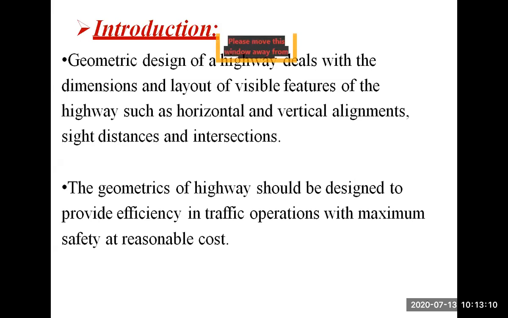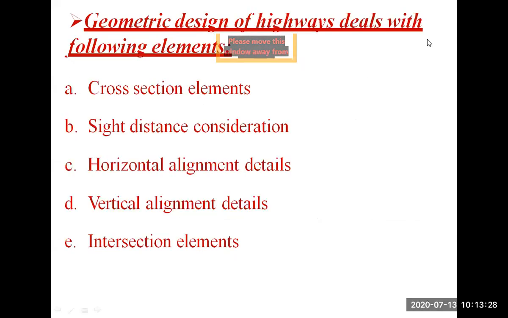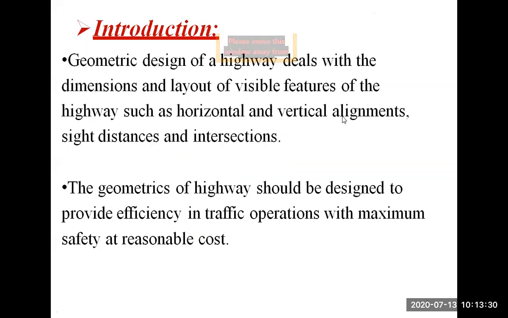What is geometric design? Geometric design of a highway deals with the dimensions and layout of the visible features of the highway, such as horizontal and vertical alignments, then side distances and intersections.